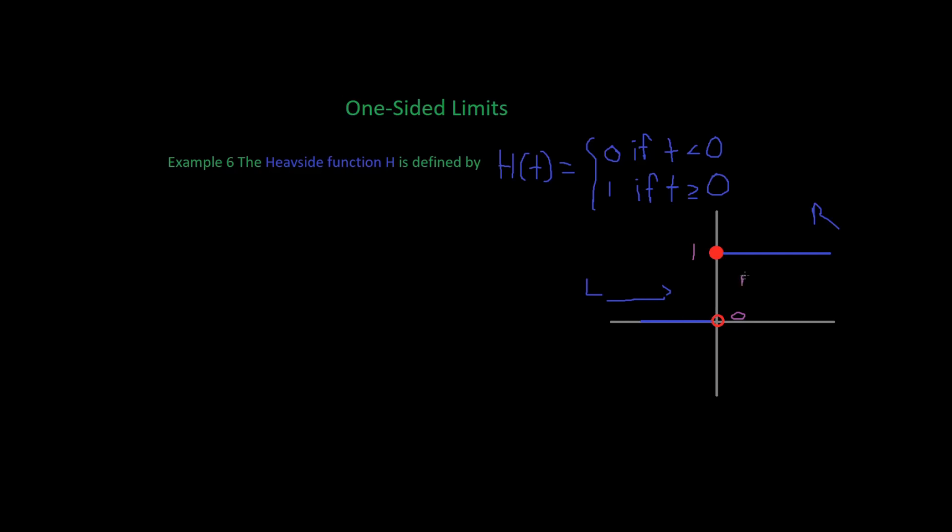So the limit does not exist. We notice that H of t approaches 0 as t approaches 0 from the left, and H of t approaches 1 as t approaches 0 from the right-hand side. We indicate this situation symbolically by writing it out.